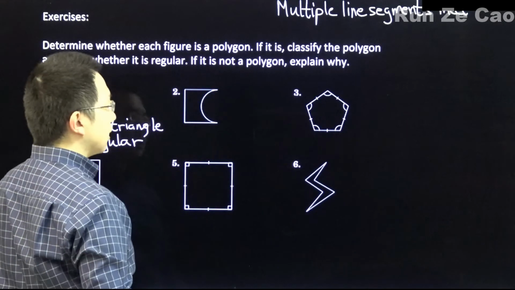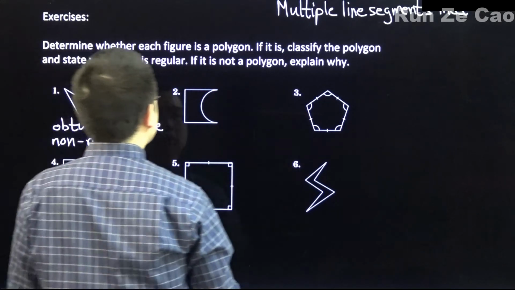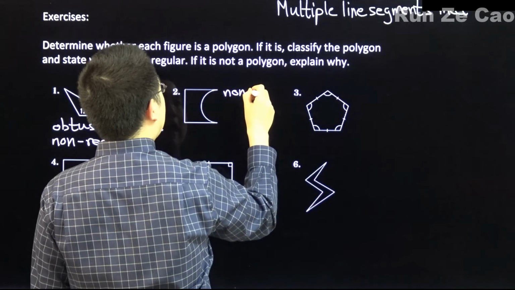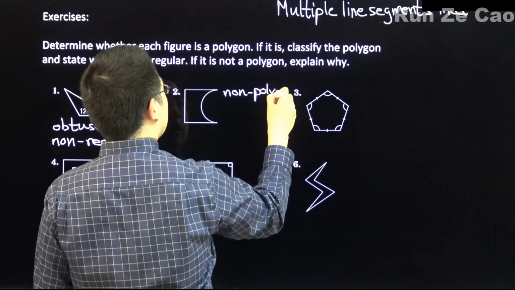This shape is not a polygon, despite the fact that it is a closed shape, because it has a non-straight side.